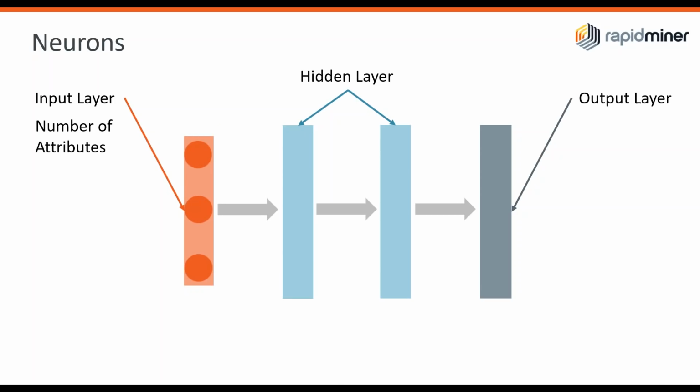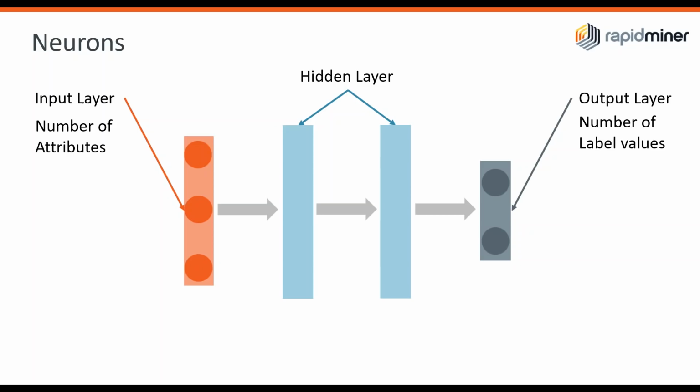So when you feed in your data, you can think that you might have 3 input neurons because you are having 3 attributes. And then at the output, it depends on whether you are doing machine learning for a classification case or for a regression. In terms of classification, you might want to know if someone is going to churn or not.